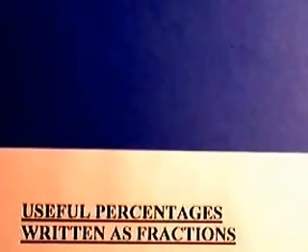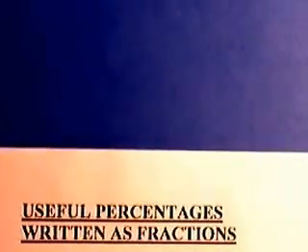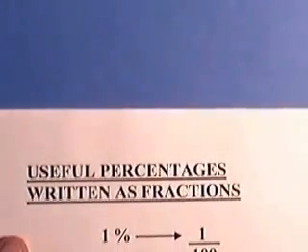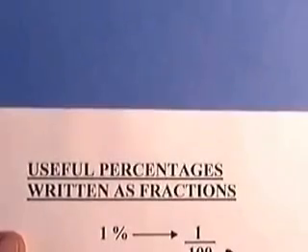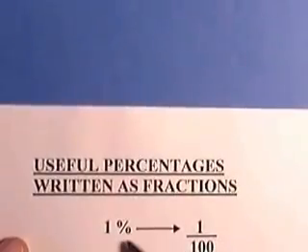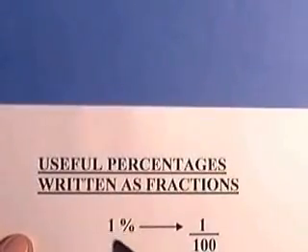Okay, now when you come to do non-calculator papers, there are some very useful percentages written as fractions, and you really must get to know these because they will help you an awful lot. Firstly, you must realize that 1% means 1/100th of anything. Just 1/100th is 1%.